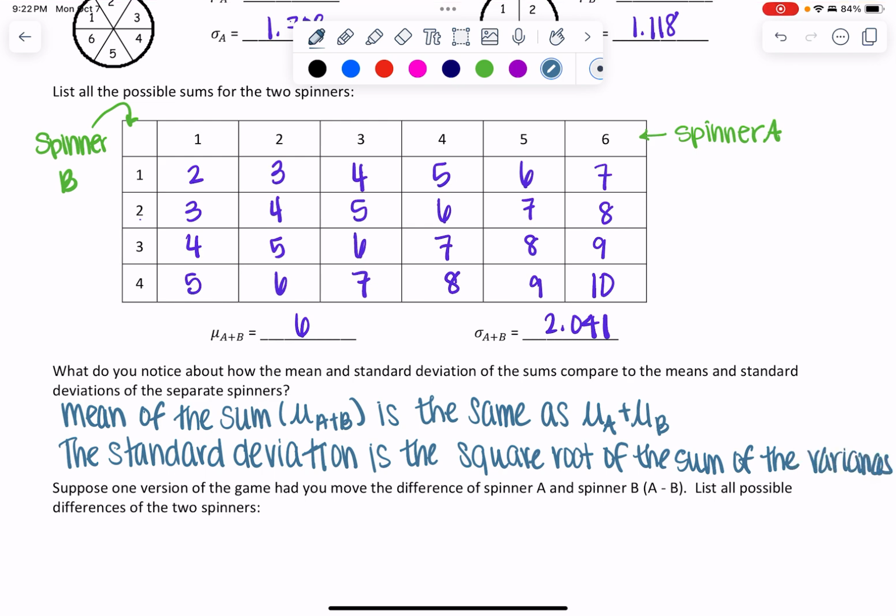Ooh, that's hard to read right there. Okay, so what that means is that for this one, it is the square root of the standard deviation of A squared plus the standard deviation of B squared.